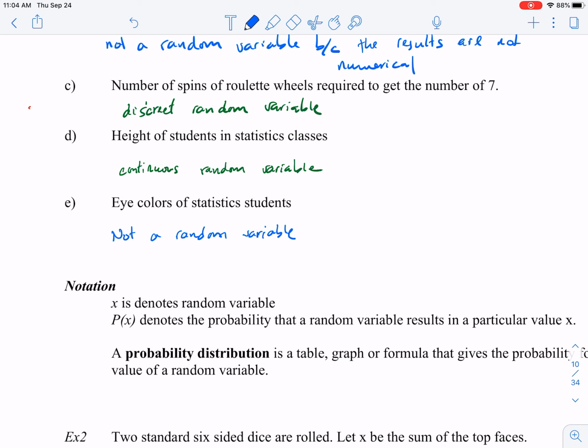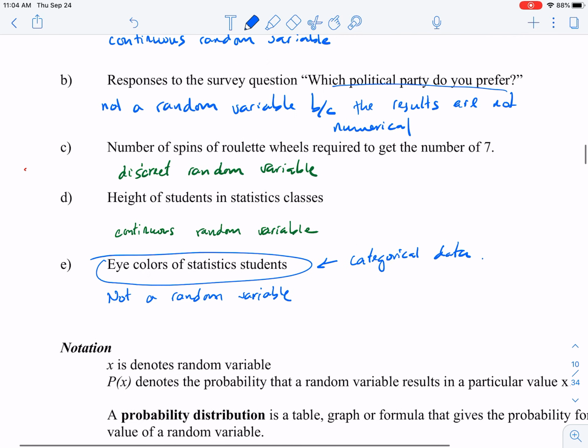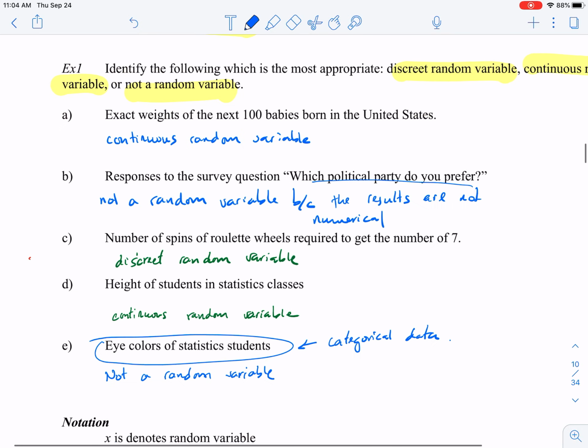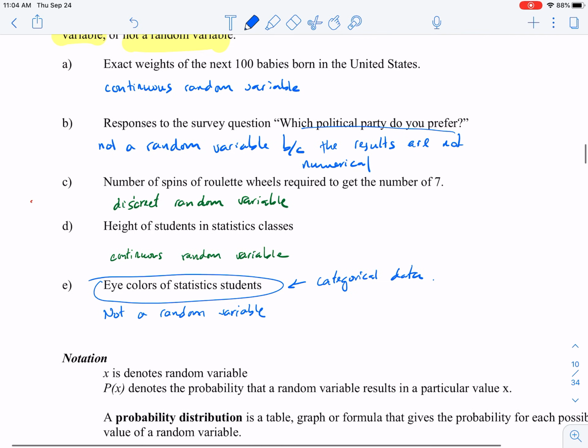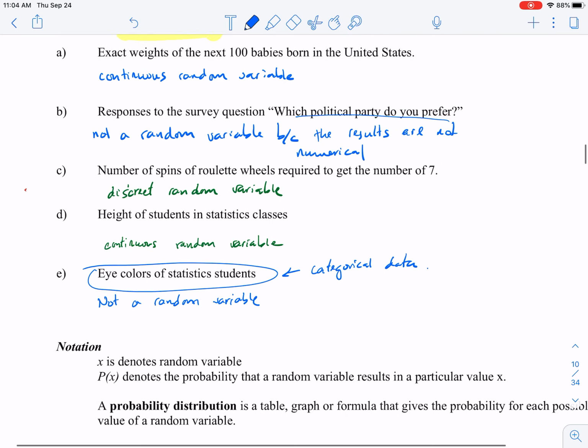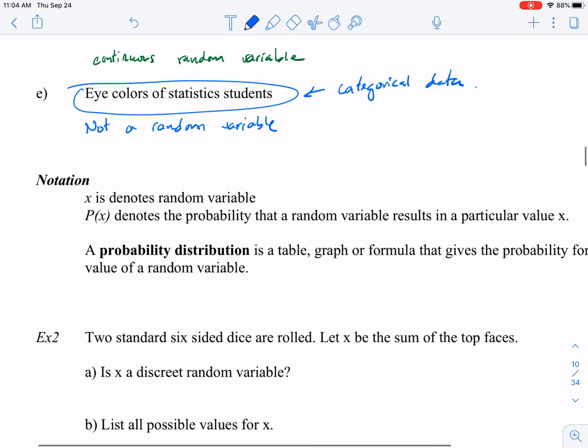In this case, the eye color of statistics student, this is categorical data. Okay, so hopefully through that example, you can get an idea what is a random variable when we look at a procedure that involve values are determined by chance. Next up, we have notation.